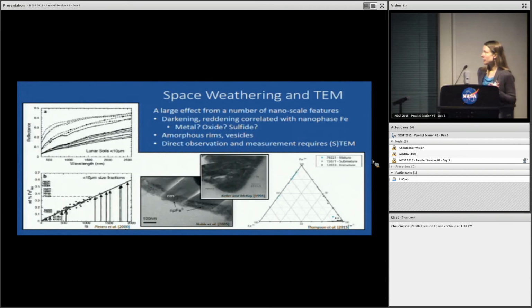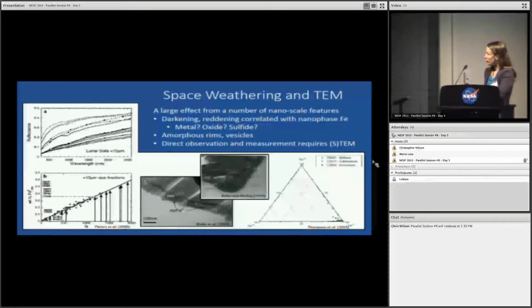So as Larry introduced really well this morning, a lot of what we know about space weathering and the samples is stuff that we've found out using transmission electron microscopy and being able to look at the really fine scale nanoparticles and iron and amorphous rims that create the characteristic darkening and reddening of the spectra from the moon and from the asteroids.